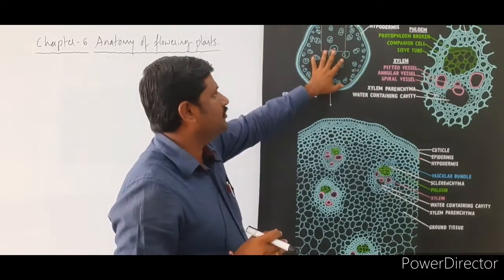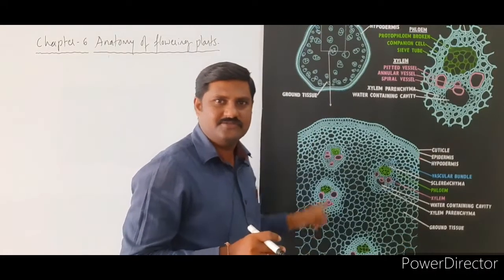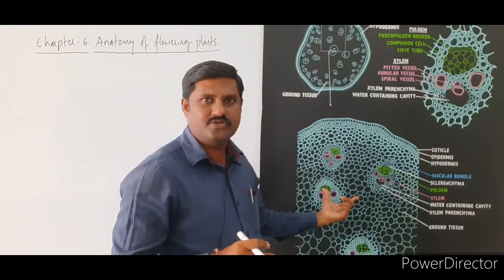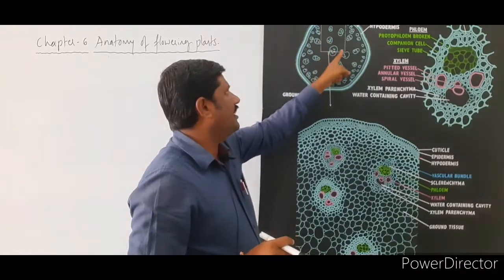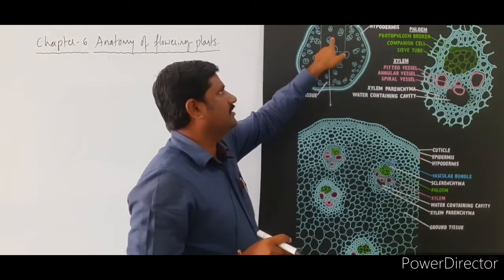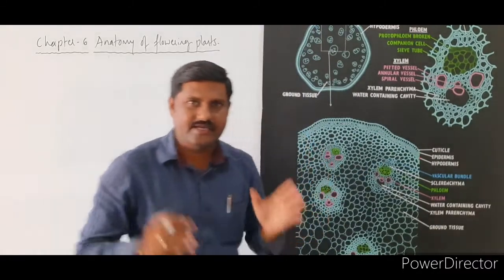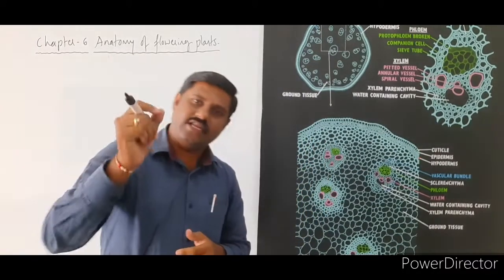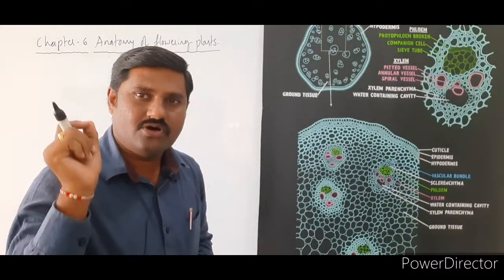Whenever you enlarge it, you will find this kind of structure. This is one portion of this ground plan. So this part of the stem is taken and enlarged over here, right? Is it very clear? Now let us start with the features of the monocot stem.